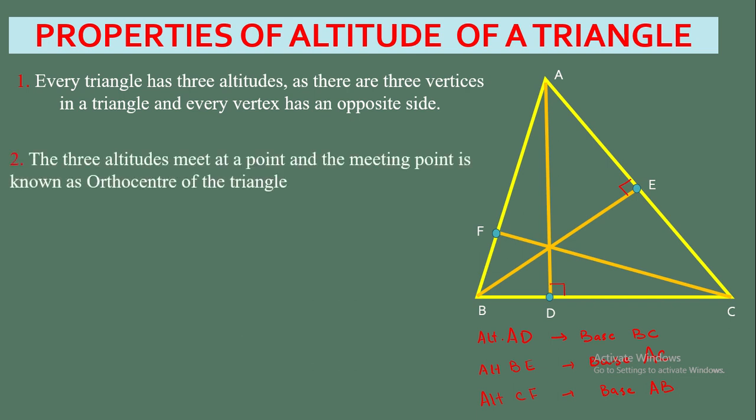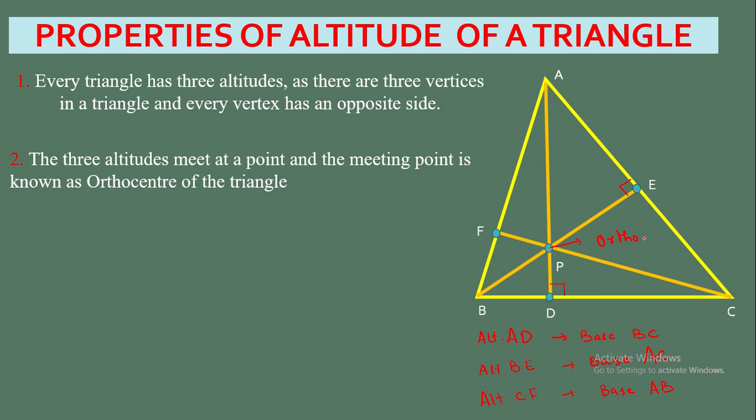Then the three altitudes meet at a point, just like here we can see these three altitudes meet at this point, and this point is known as the orthocenter of the triangle. That means here this point P is the orthocenter.